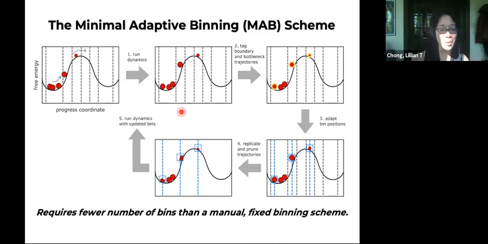This is a minimal scheme that works by tracking the positions of the trailing and leading walkers along the progress coordinate, as well as identifying bottleneck trajectories in regions where the probability drops off very quickly. And then we adapt the bin positions based on the positions of the trailing, leading walkers, and bottleneck trajectories to get more efficiently over a barrier.